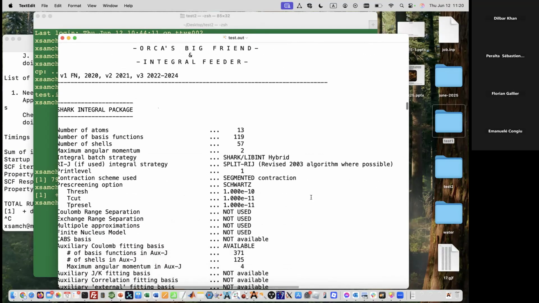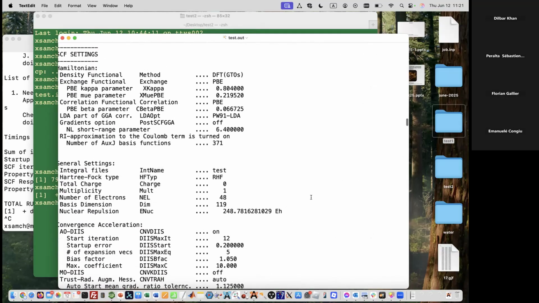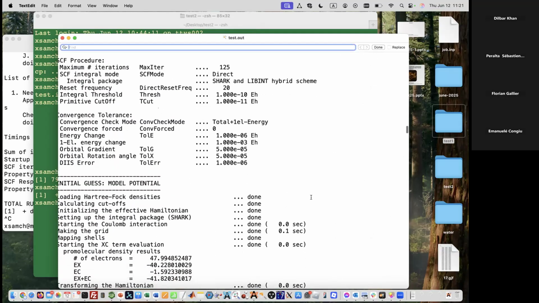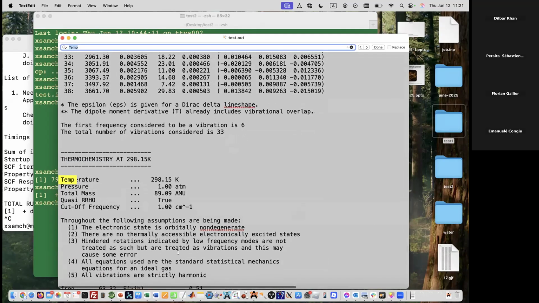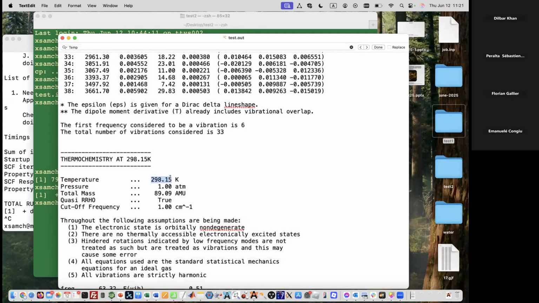So you can find it in the output file: frequency calculation performed at 298.15 Kelvin and 1 atm. So these values are default values. You can of course change them during the vibrational frequency calculations. So these are simple structure optimizations. They are not molecular dynamics.